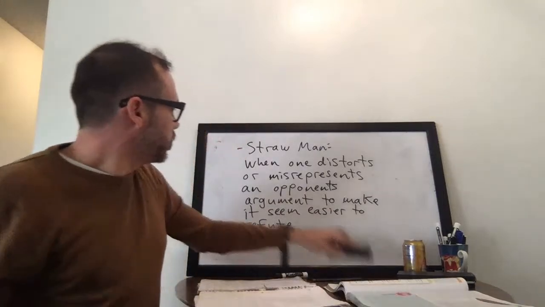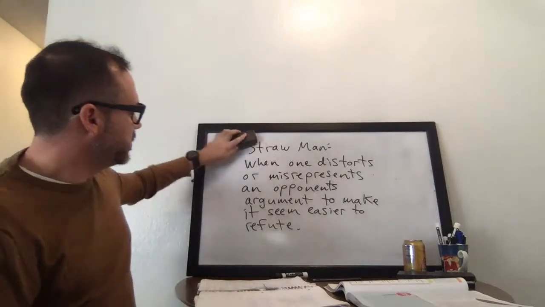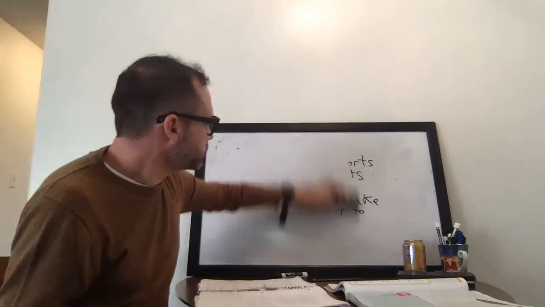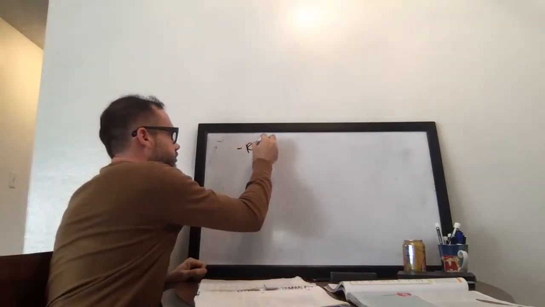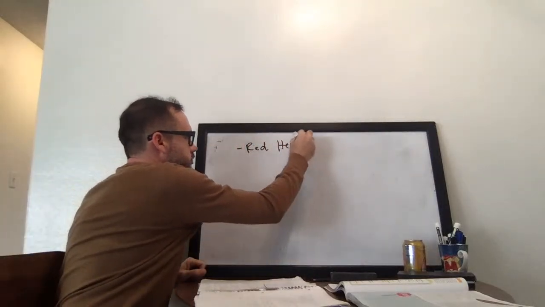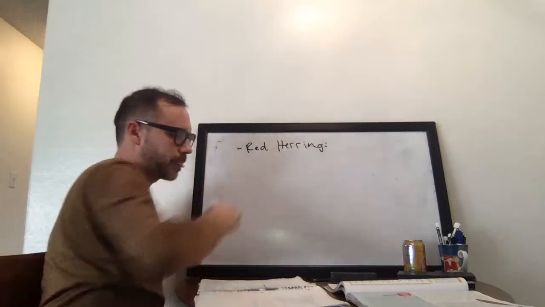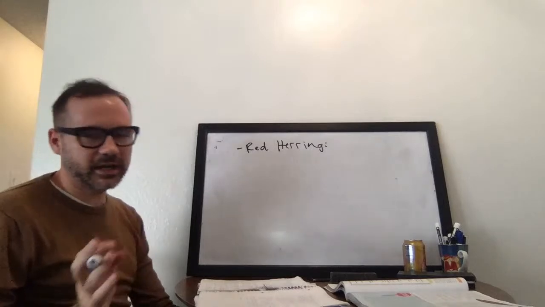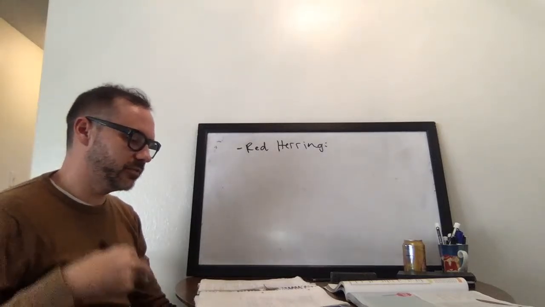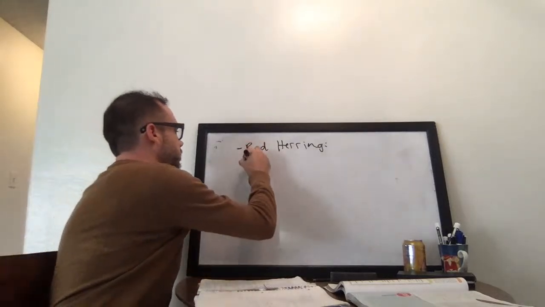Okay, so then next, one more, and that's the last one for today. It's called red herring. The red herring fallacy is when a person tries to sidetrack an argument by bringing up a different, unrelated issue.